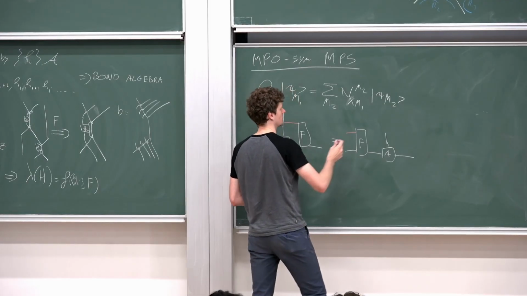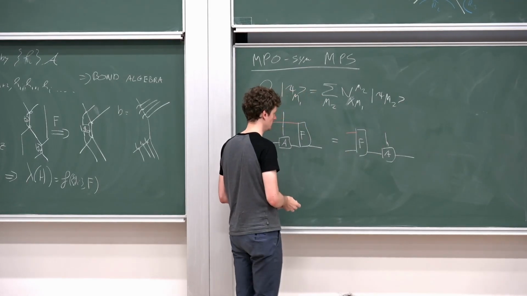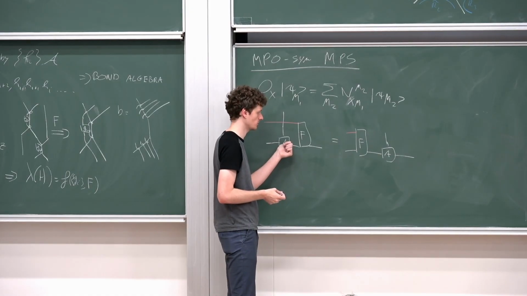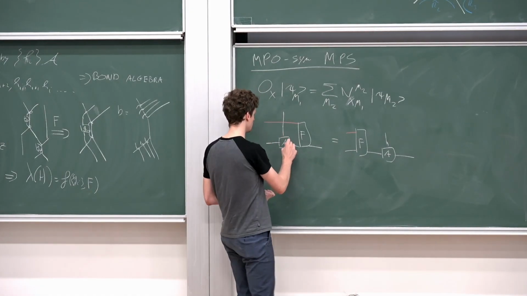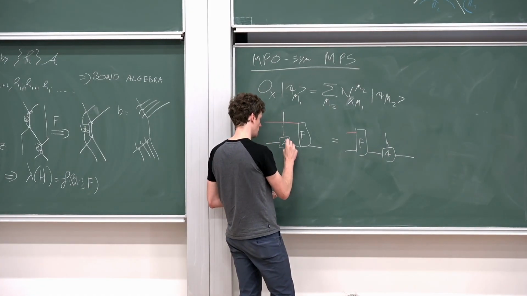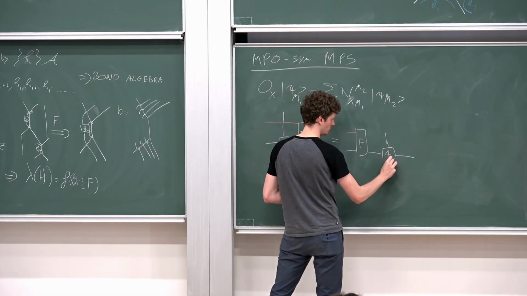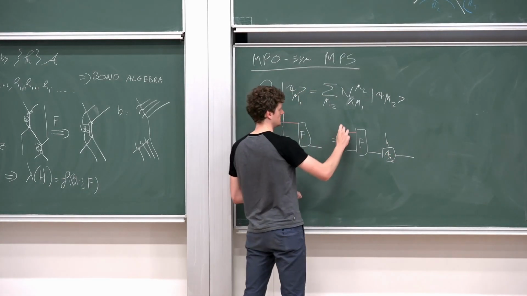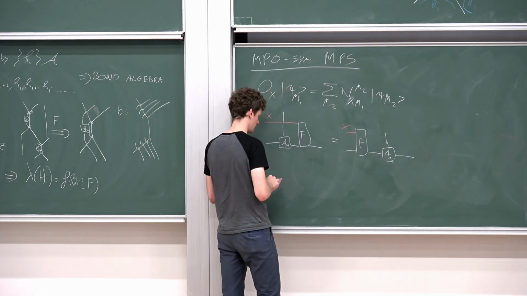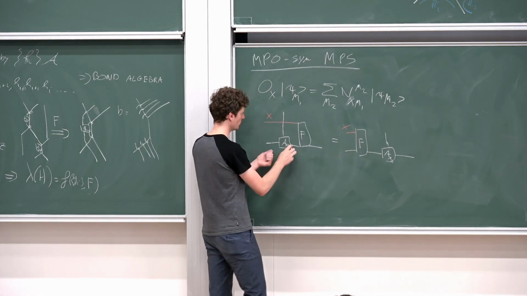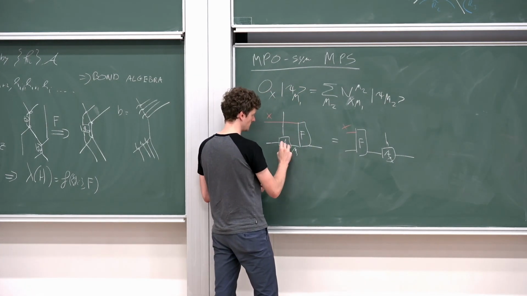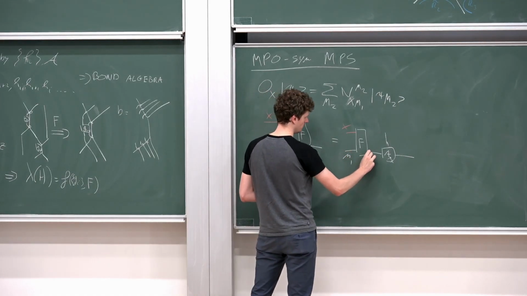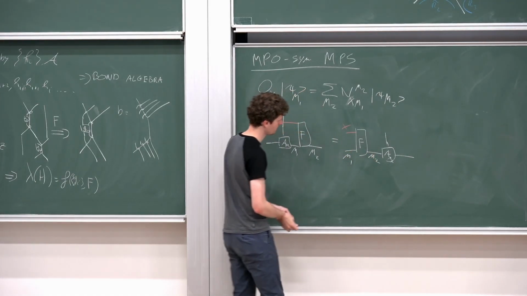So I'm assuming here that this psi is a state generated by this MPS tensor A. Now this A has to depend on this label, so there's going to be a label M1 here, a label M2, and this red line is labeled by X. I can copy over this label to this line here, so it's going to be 1, 2, 1, and 2.